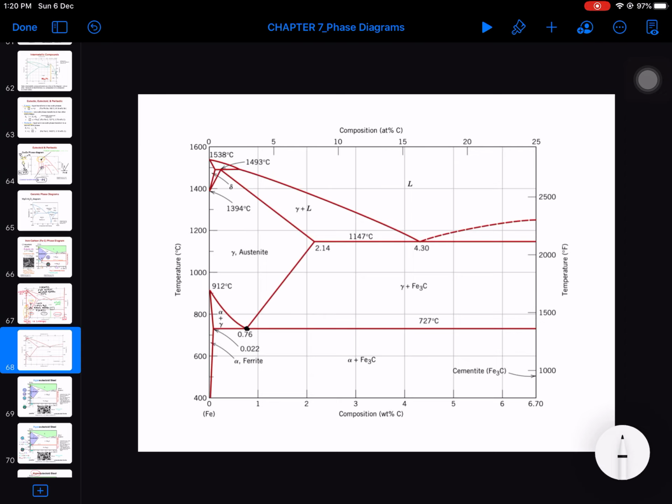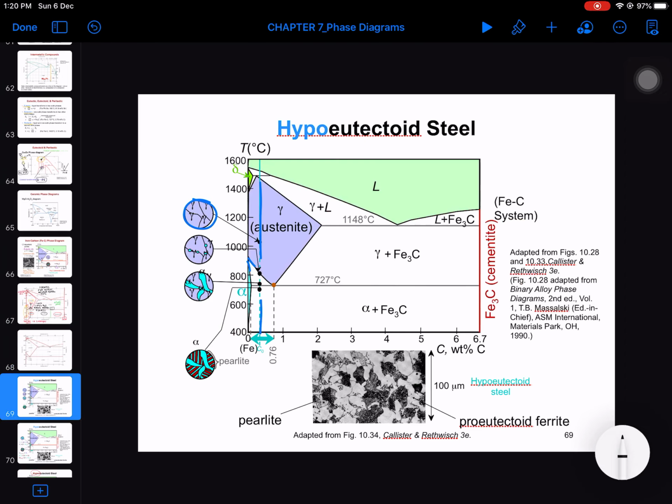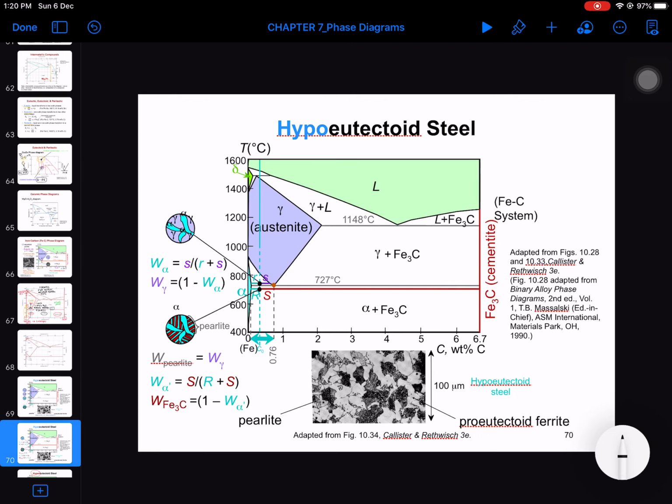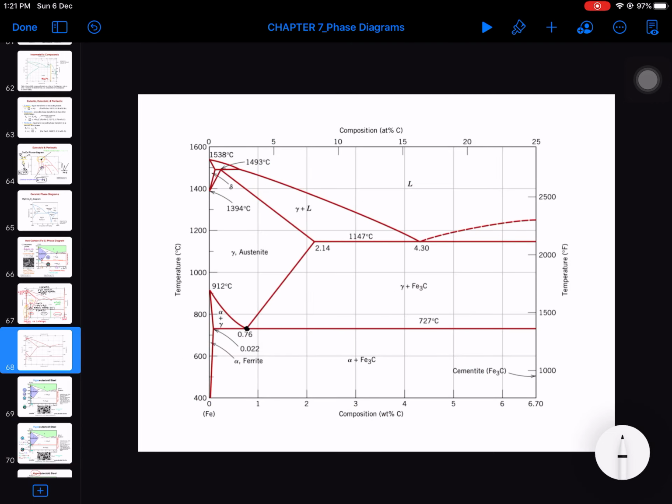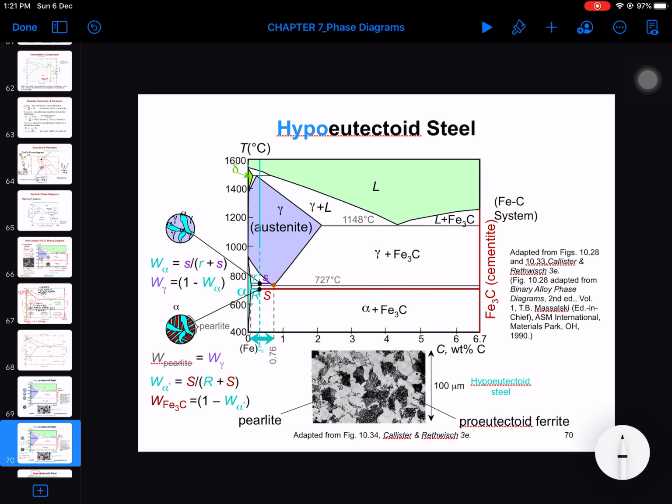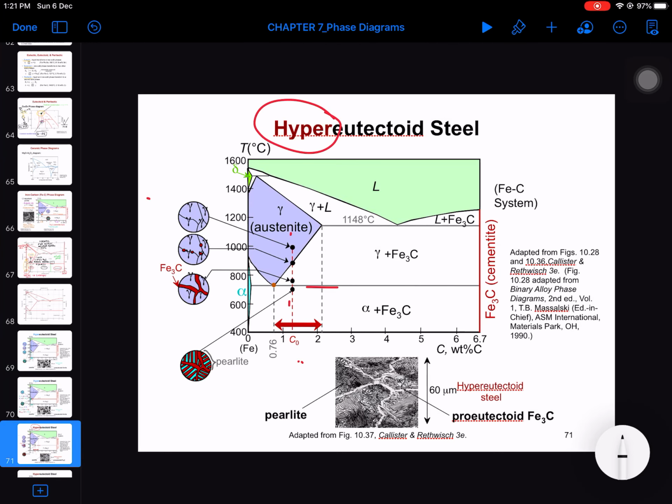To the left of the eutectoid point is called the hypoeutectoid steel. Hypo means it occurs before the eutectoid point. And to the right of the eutectoid point, it's called the hypereutectoid steel, because it occurs after the eutectoid point.